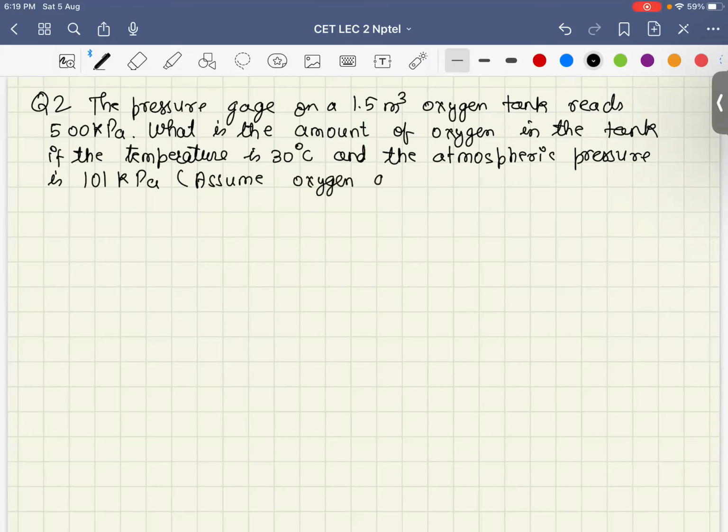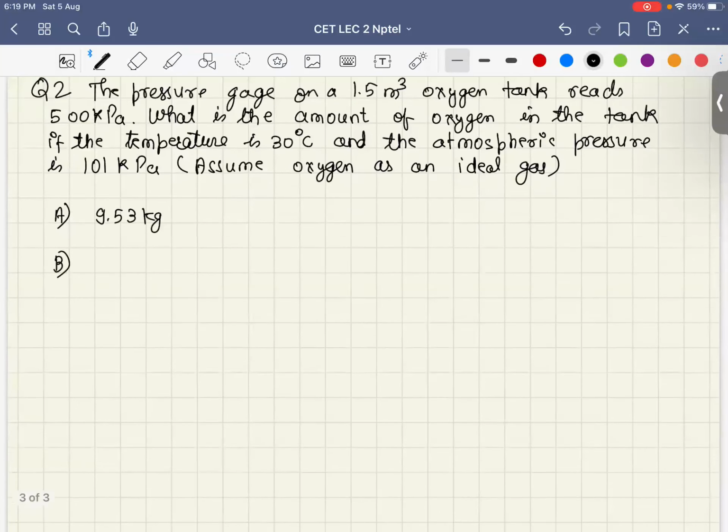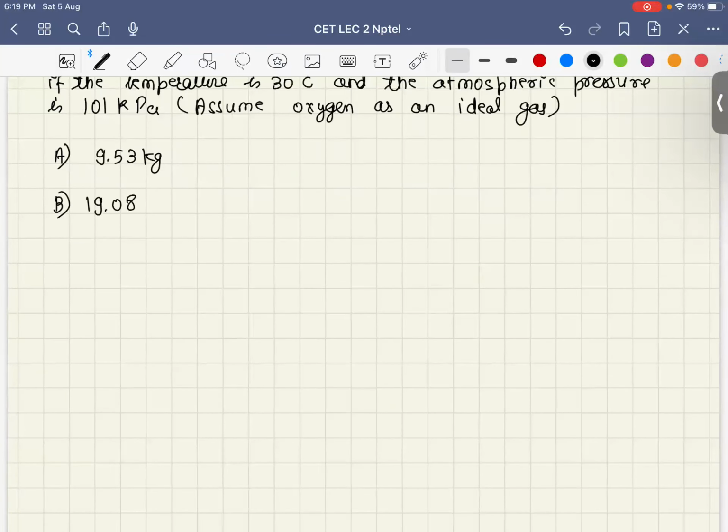What we have to assume is oxygen as an ideal gas. Right? And the options are: A, 9.53 kg, option B, 19.08 kg, option C, 115.67 kg, and option D, 11.45 kg.